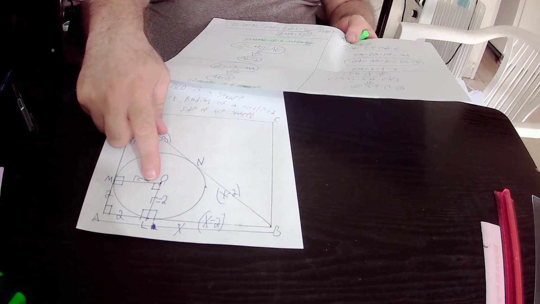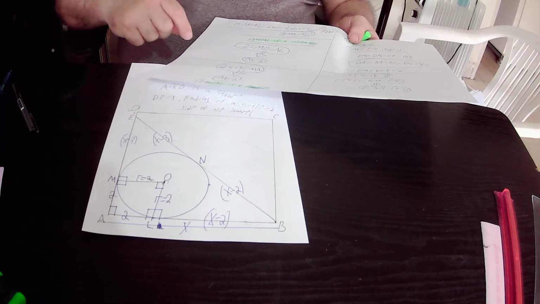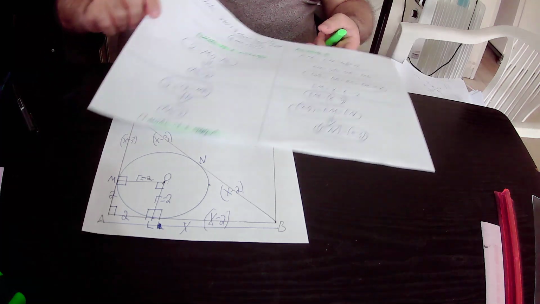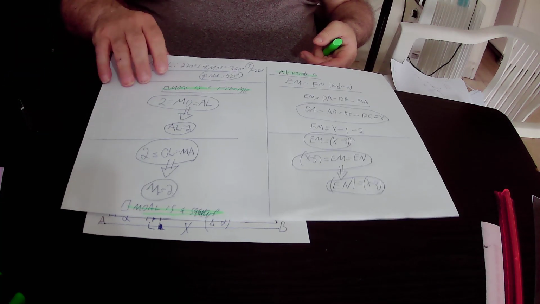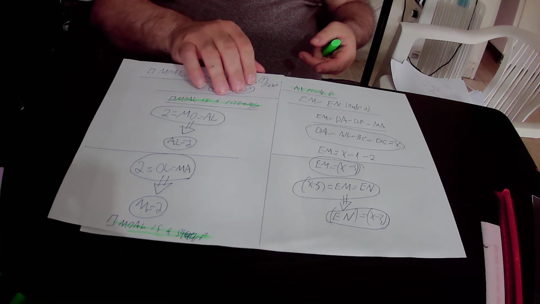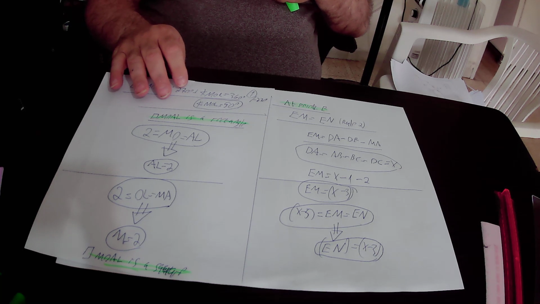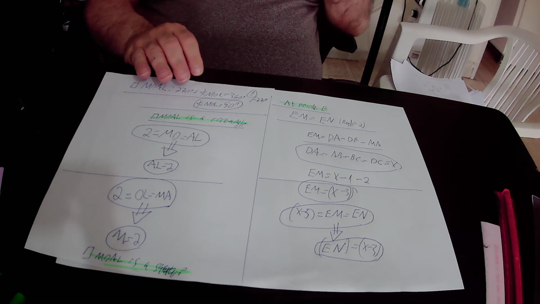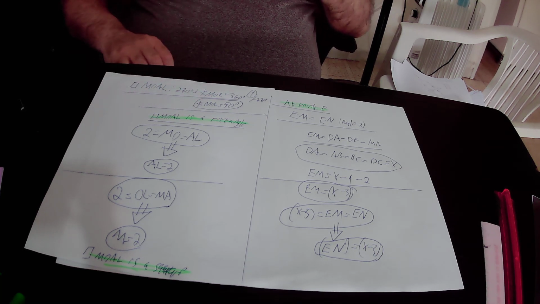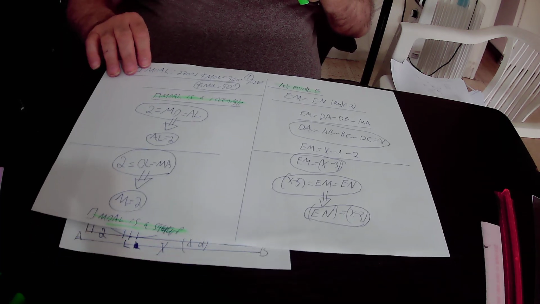Therefore, all the angles inside quadrilateral MOAL are right angles, and any quadrilateral that has 4 right angles must be at least a rectangle. So we treat quadrilateral MOAL as a rectangle. But we also know that the opposite sides of a rectangle are equal to each other.